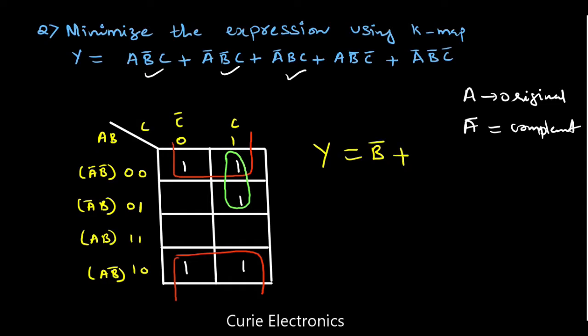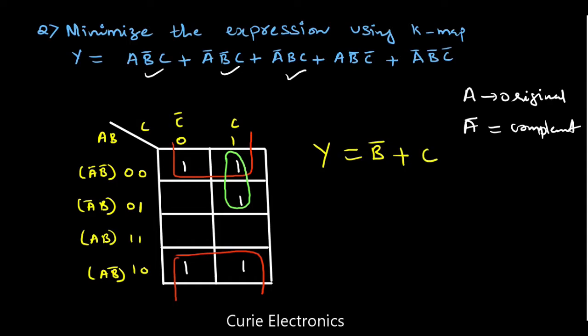Now one more group is there, that is marked by the green color. Whatever ones are inside the green color, that is a pair. When we group 2 ones, it is a pair and 1 variable will get eliminated. Column wise it is 1 1 and only 1 variable is involved, that is C. So C we can write.